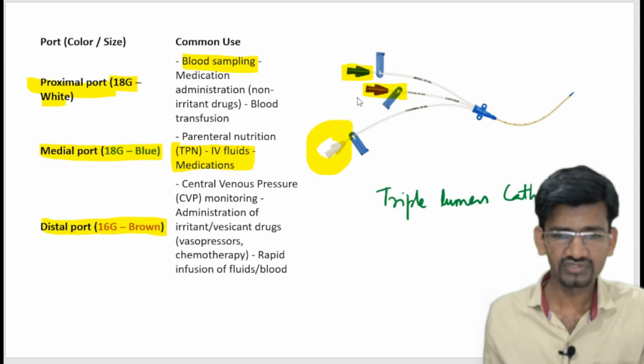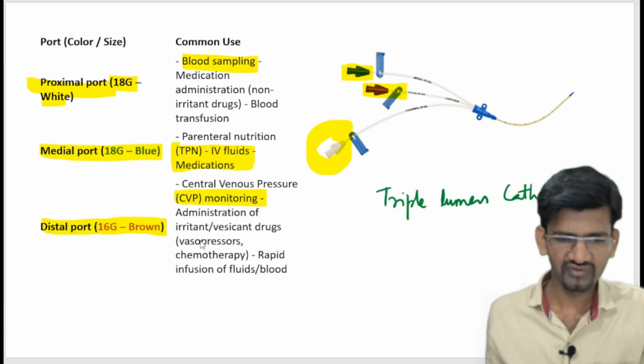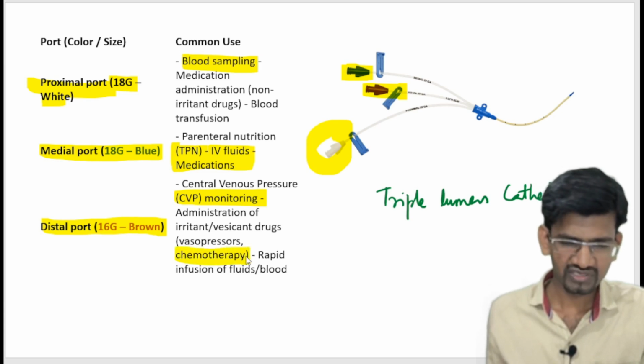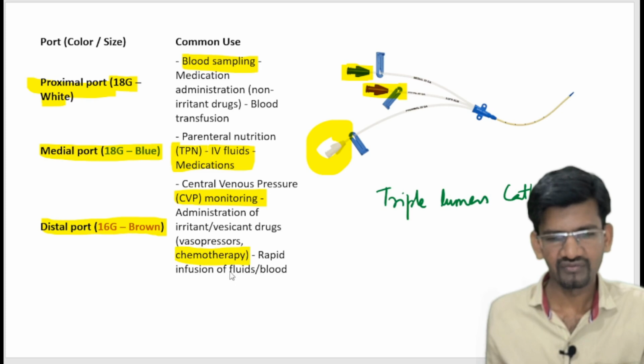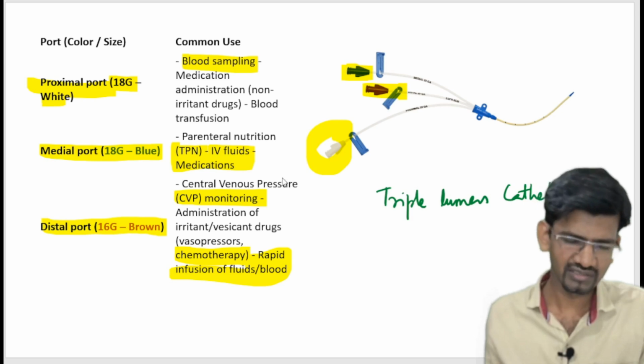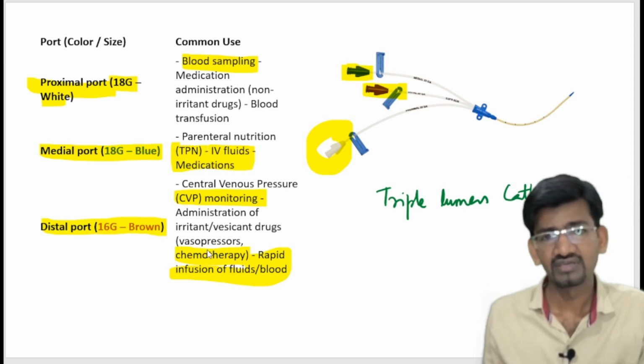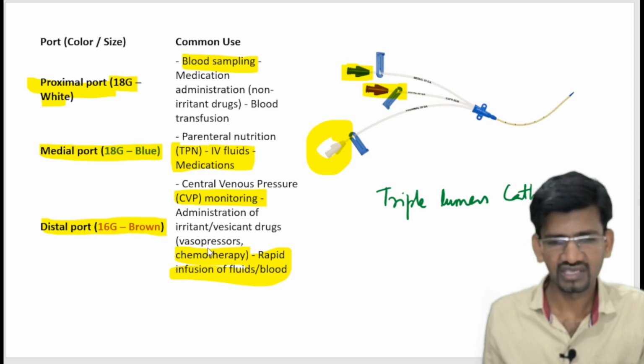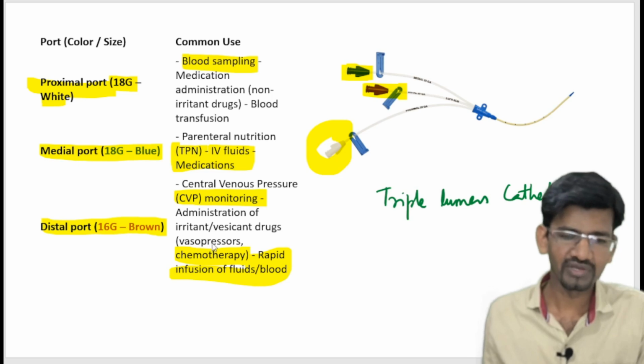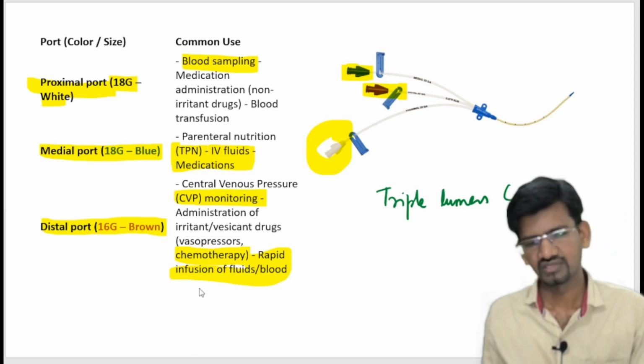This is used for CVP monitoring, central venous pressure monitoring, and for administration of chemo medications. As this is a larger bore lumen, you can use it for administering large amounts of fluids in emergencies, or for rapid blood transfusions.